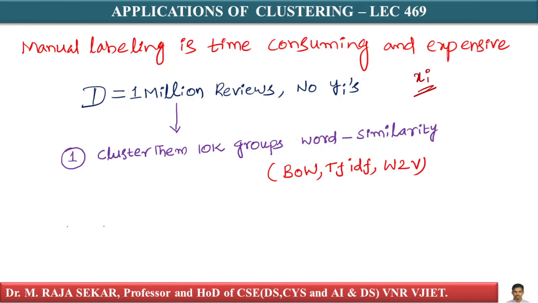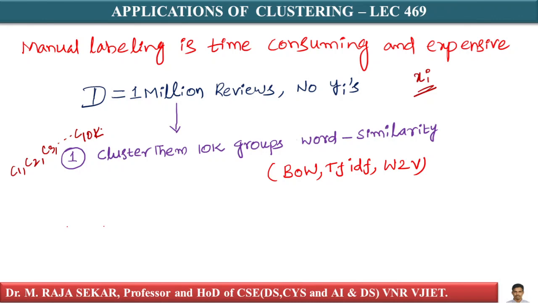I will use all of these syntactic and sometimes sentiment stuff together to group my 1 million reviews into 10,000 groups. I have 10,000 clusters, C1, C2, C3, and so on, up to C10,000.